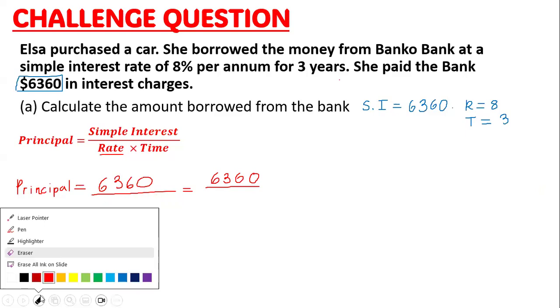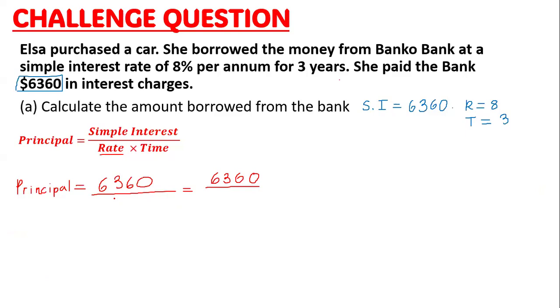So it's going to be 8 times 3, which is 24, and then 6360 divided by 24. Something's still off.